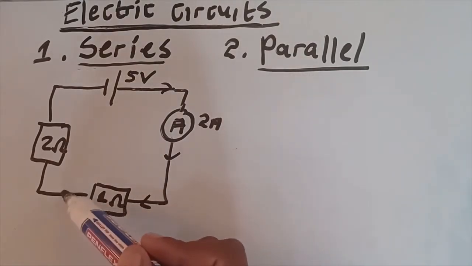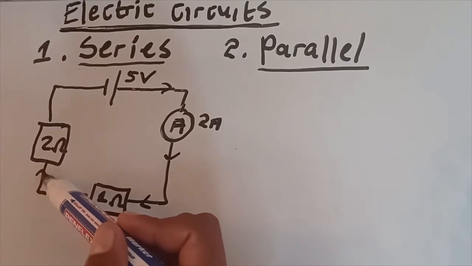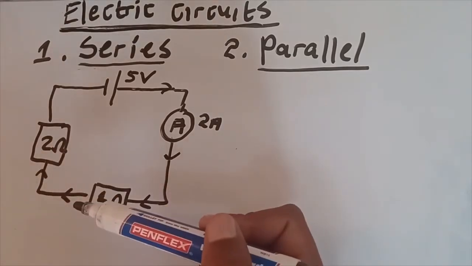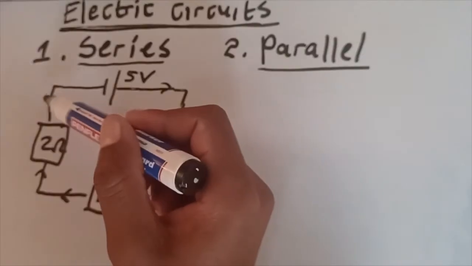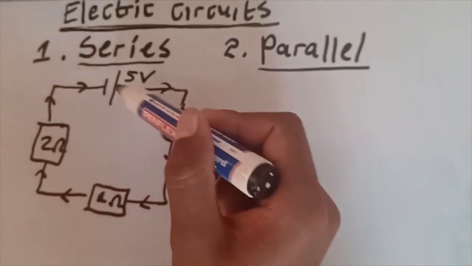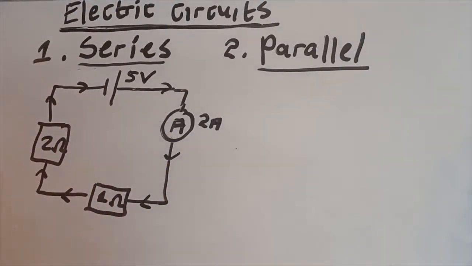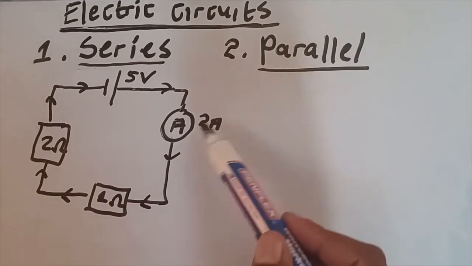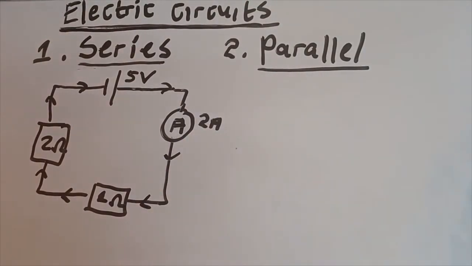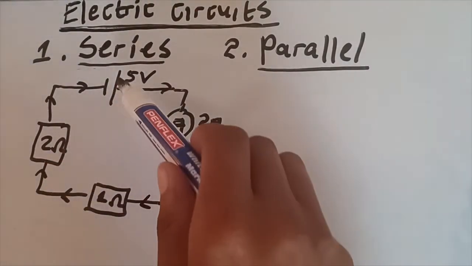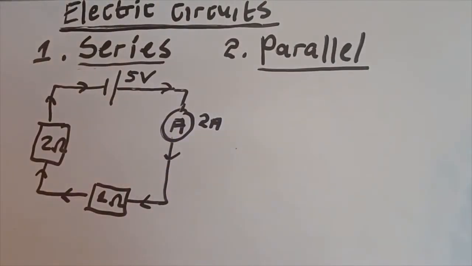After that, the same 2 amperes is going to pass and reach the 2 ohm resistor. And after that, it's going to continue as 2 amperes until it returns back to the battery. So you are able to see that the current is not divided in these resistors. That's why we say they are in series with the battery.